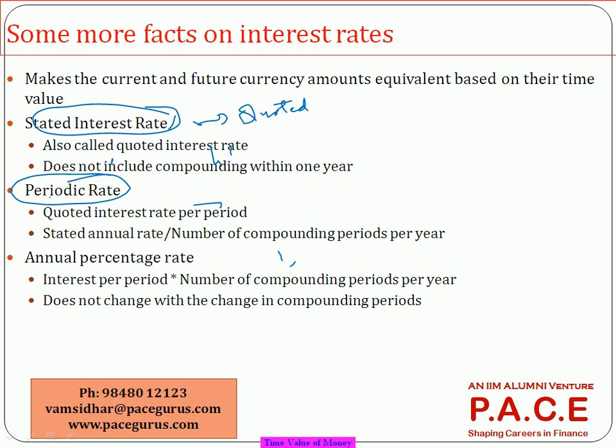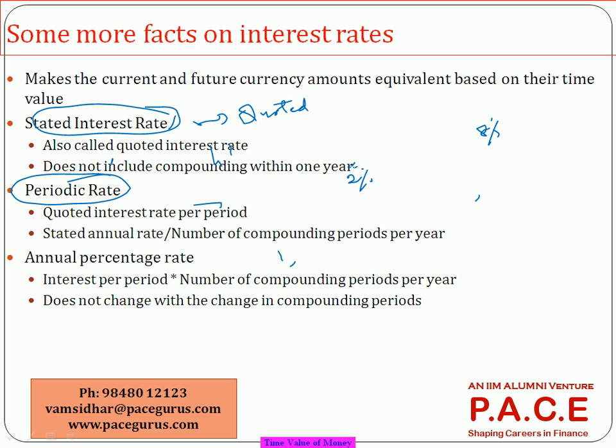Then we compute the periodic rate out of the stated rate, which is nothing but dividing it by the number of periods. Let's say the stated rate is 8% and it is quarterly compounded, so my periodic rate will become 2% per quarter, 8% by 4. And that is what we'll use for the effective rate.